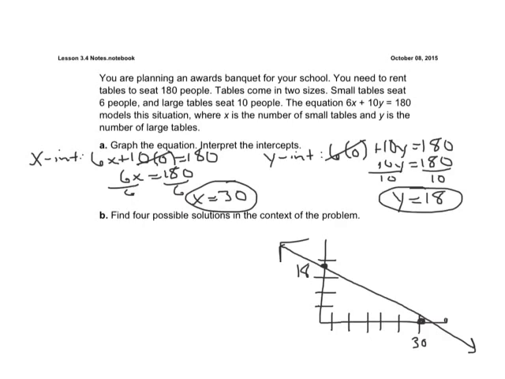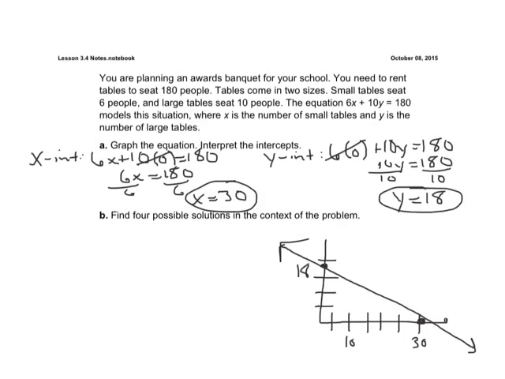Okay, so what part B is asking, find 4 possible solutions. We're going to pick out points on this line where it gets us to whole numbers. Now, this would be easier with graph paper. Okay, this isn't going to be very exact. But, for example, let's say we're going to go to 10. Okay, 10 right here on our x-axis. That means 10 small tables.